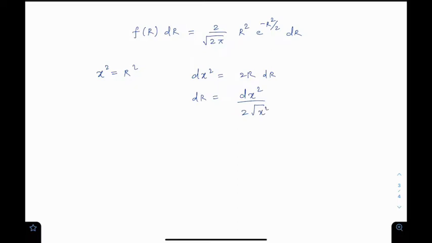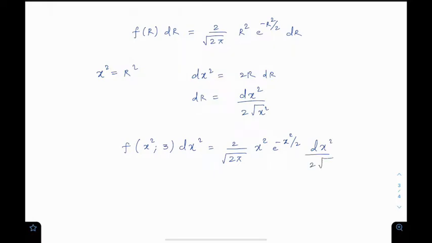So we can rewrite the distribution in terms of chi-square as f of chi-square, with 3 to denote the number of degrees of freedom. This is 1 by 2 pi root chi-square e to the power minus chi-square by 2 d chi-square, with twice the square root of chi-square.